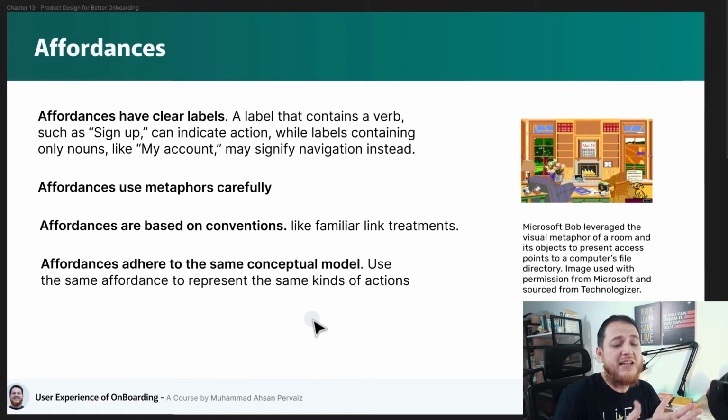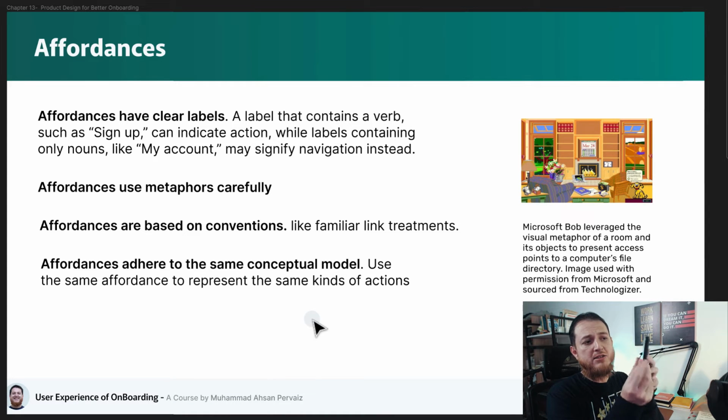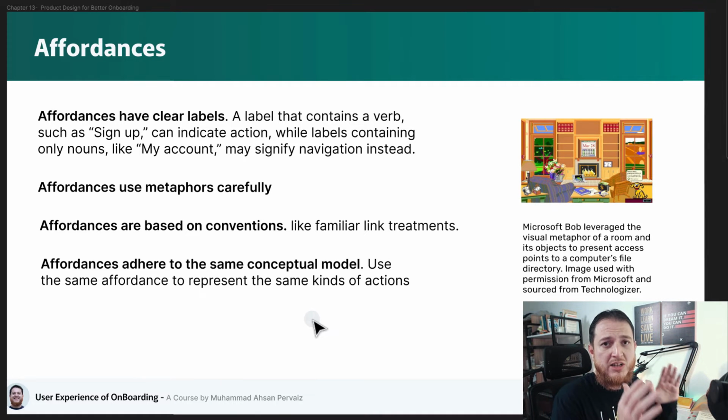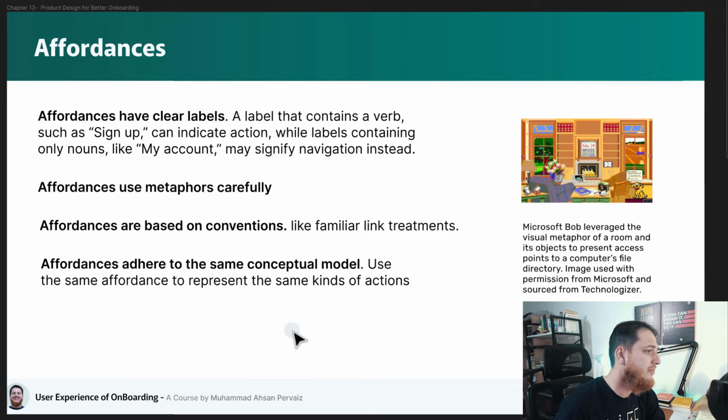Affordances are based on conventions. Conventions means that if something is similar, like pressing a button, we normally operate things by pressing a button, like you can see over here the side button on a mobile phone. So this is actually convention. Use the same icons, same similar things that your users are already familiar with. Affordances also adhere to the same conceptual model, so make sure of what your users have in their mind.